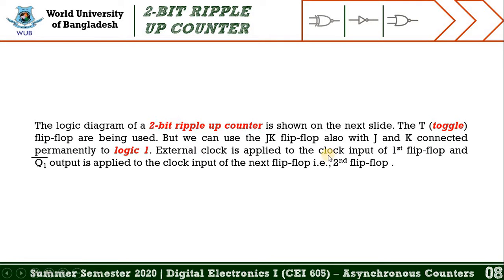External clock is applied to the clock input of the first flip-flop, and the complement of the first output of the first flip-flop is applied to the clock input of the next flip-flop, which means the second flip-flop. So let's move into the next slide to explore the logic diagram of the 2-bit ripple up counter.